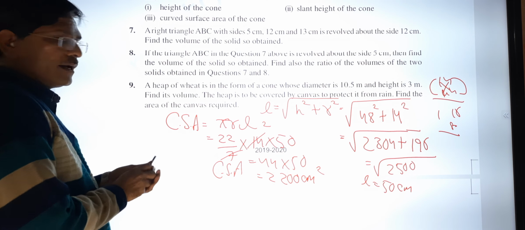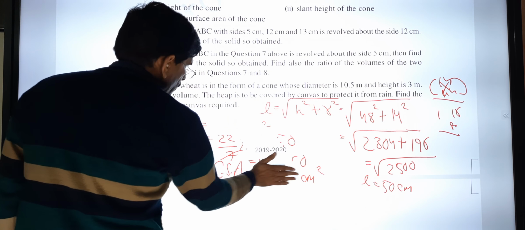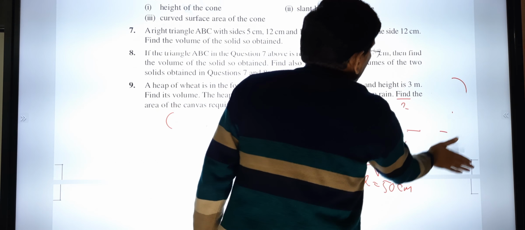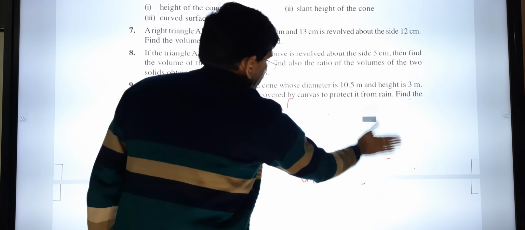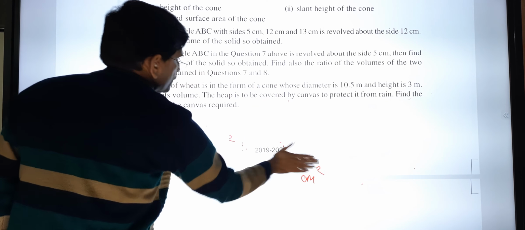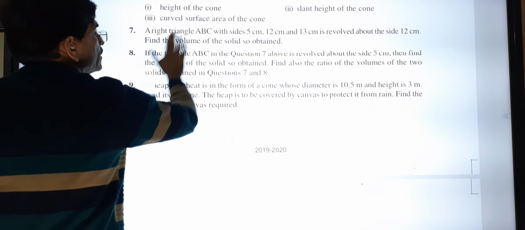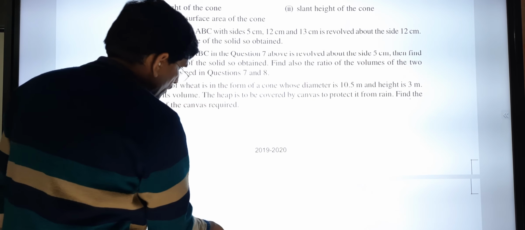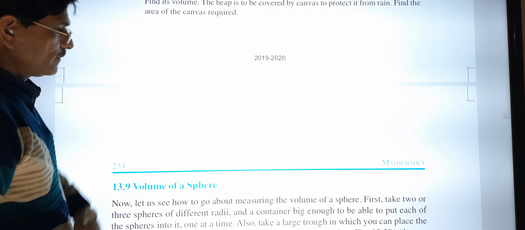One more sum we can do. If you have written it, then we rub this and again do one more sum. Now, next question is, we have to first do question number 9.